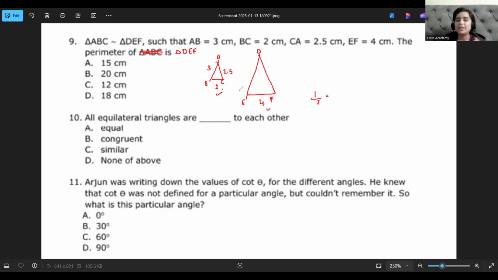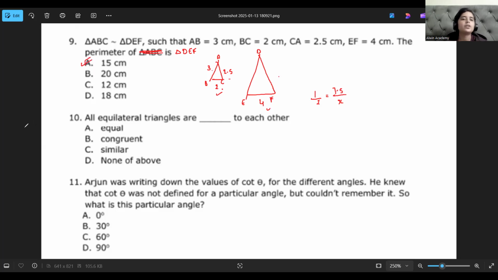So the perimeter of ABC by perimeter of DEF should also be 1 by 2. Now the perimeter of ABC is 3 plus 2, 5, 5 plus 2.5, 7.5. 7.5 by X, letting the perimeter be X. Now when we cross multiply, we get the perimeter as 15. You can also use the alternative way of finding every side, and you'll get 15 only.